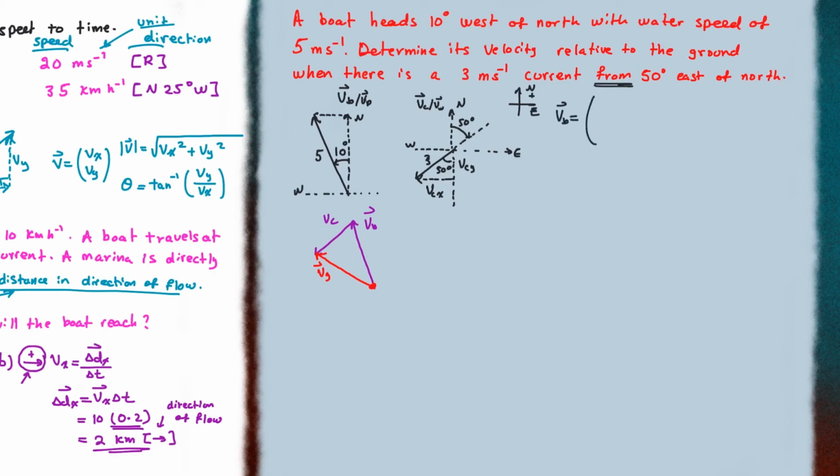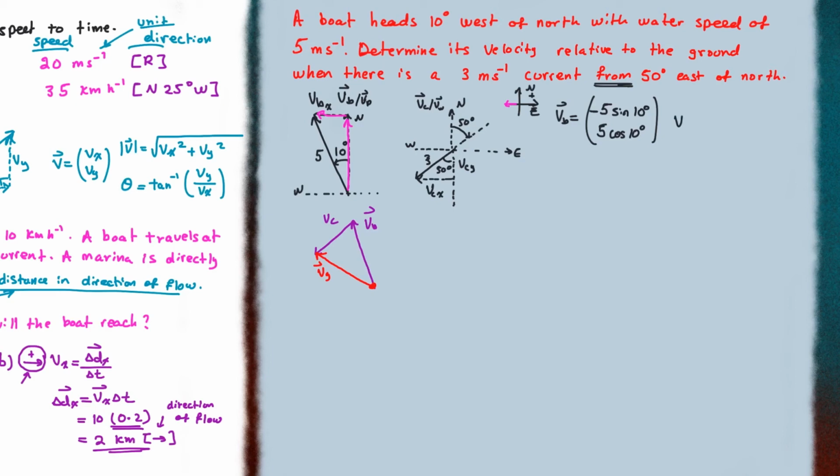For the boat, the x component is going in the left direction, which is opposite to the direction that we have chosen. So that's -5 sine 10, since it's opposite to the angle. And for the y component, it's going in the same direction as our coordinate system, and since it's the adjacent side, it's 5 cosine 10.